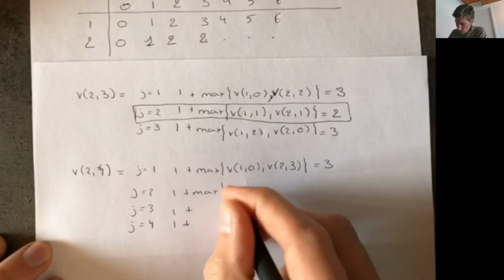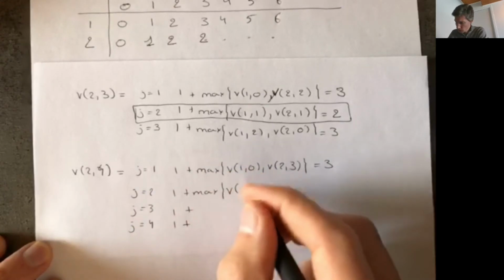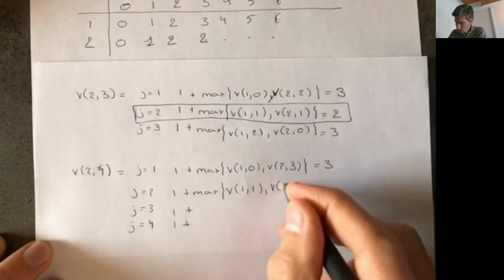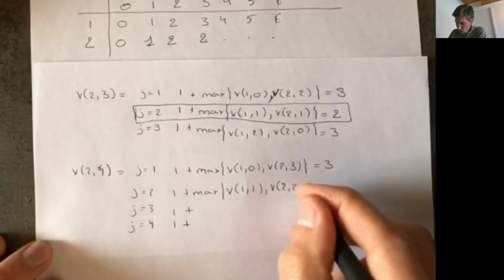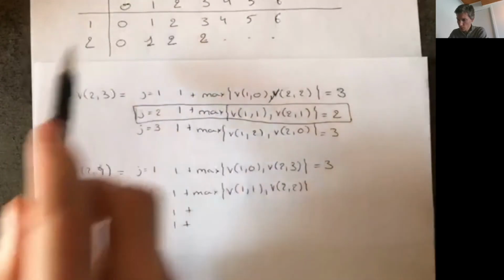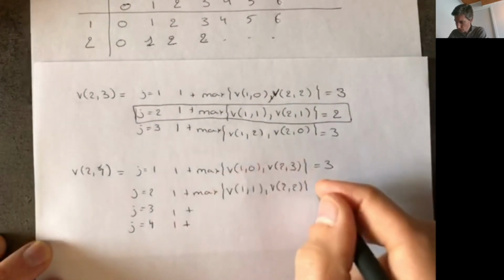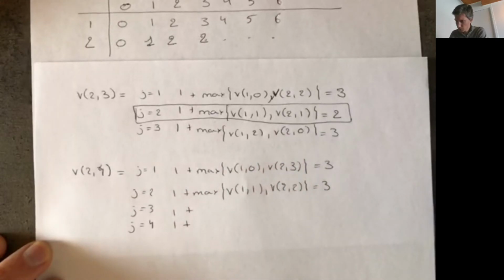Here I have the maximum of v1,1 and v2,4 minus 2 is 2. v1,1 is 1, v2,2 is 2, maximum is 2, plus 1 is 3.